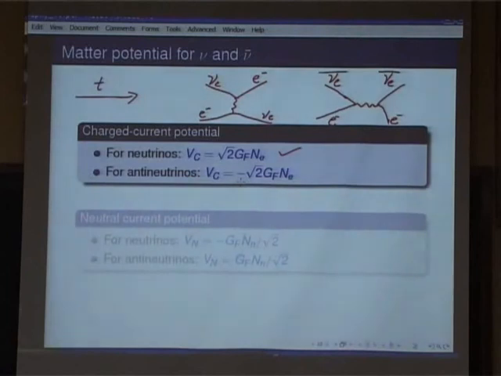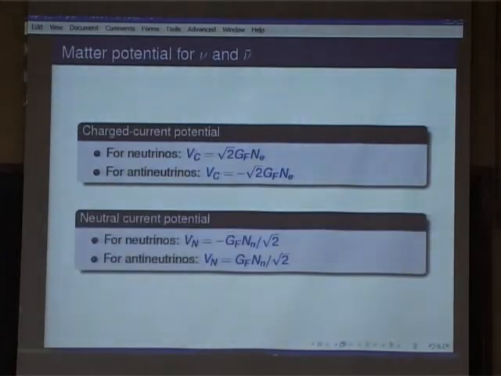Similarly, for neutral current, the potential for neutrinos was minus G_F N_n by root 2, but for antineutrinos the negative sign disappears. So there is again some relative negative sign.